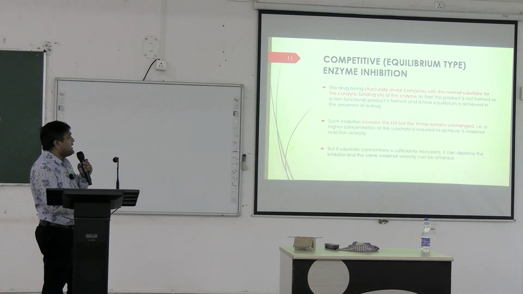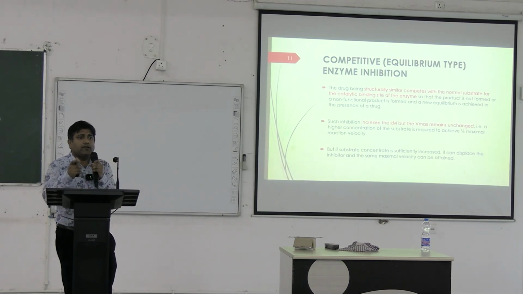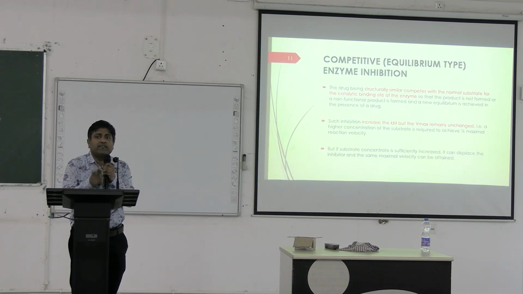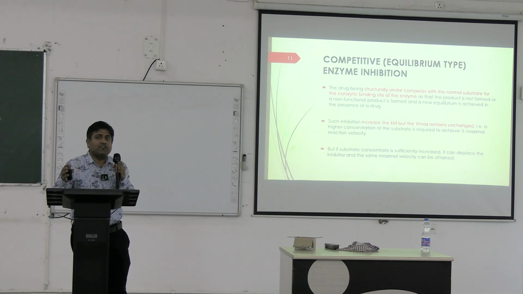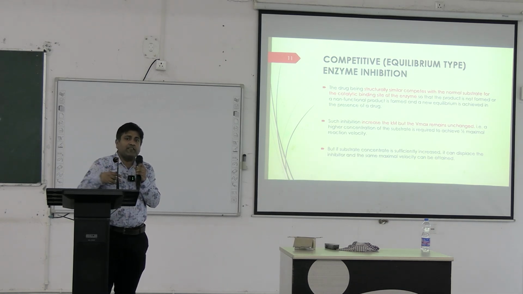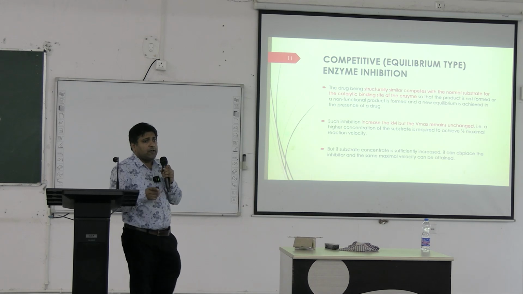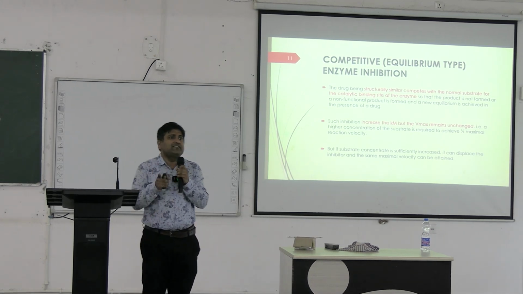Such inhibition increases the Km, but the Vmax remains unchanged. Why? If I keep increasing the substrate concentration, what will happen? As the concentration of the substrate is increased indefinitely, it will displace all the drug, so the maximal enzyme activity, that is Vmax, remains the same.